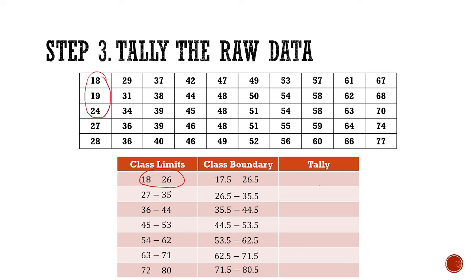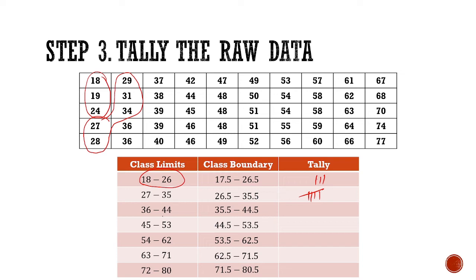So the tally here will actually be 1, 2, 3. Tama ba? So same for the next class limit. So we have 27 to 35. Gagawin ko, encircle ko na lang sila para madali ko makita. So we have there 1, 2, 3, 4, and 5.